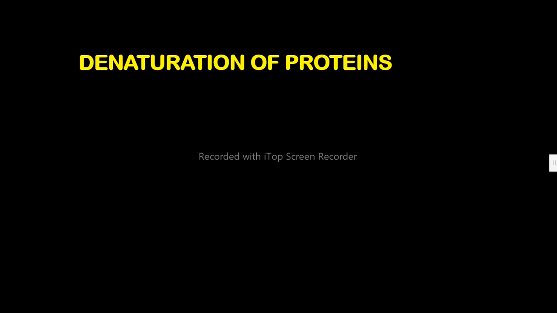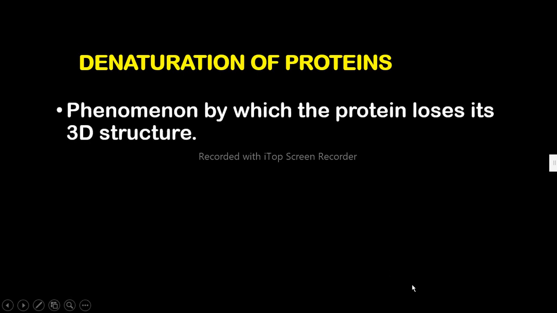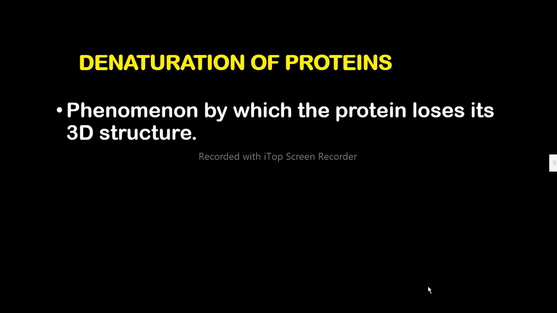Denaturation is simply the phenomenon by which a given protein loses its 3D structure. As simple as that.